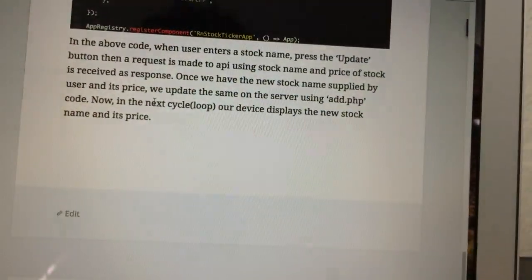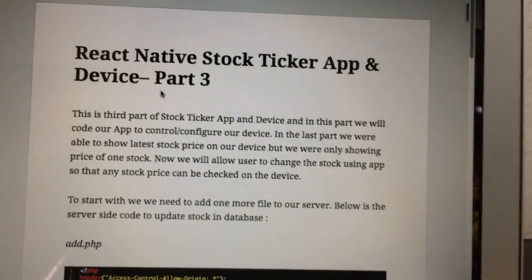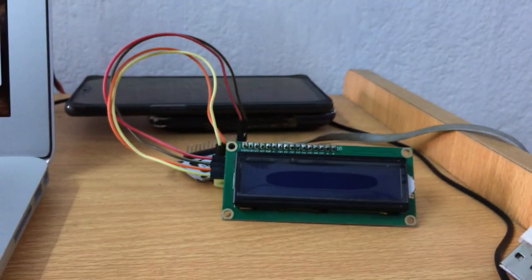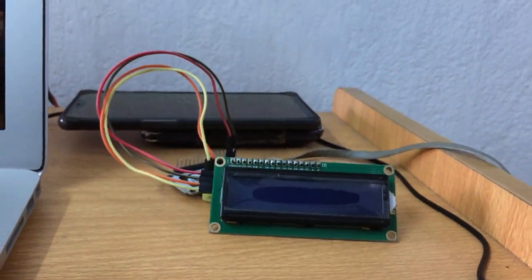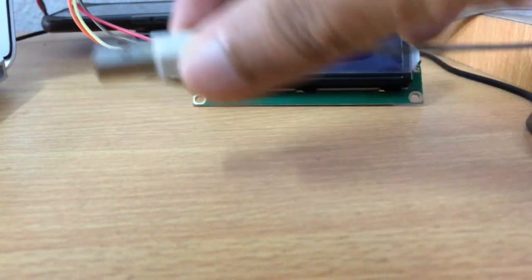That's all that's going on here, and now we should go ahead and check the demo. Today is Sunday here, so the stock market is closed. The stock price won't update, but we will be able to change the stock using our app.